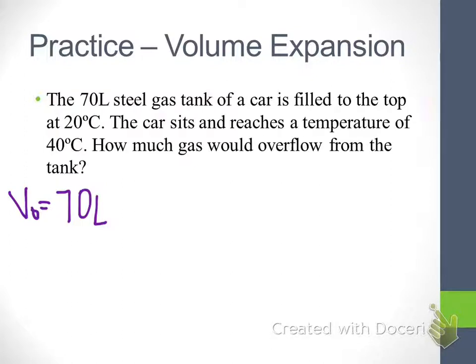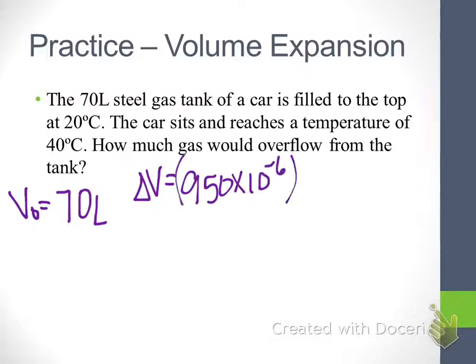So we're solving for delta V here. Our coefficient of gasoline is 950 times 10 to the negative 6th. Our original volume is 70, and our temperature goes from 20 to 40.